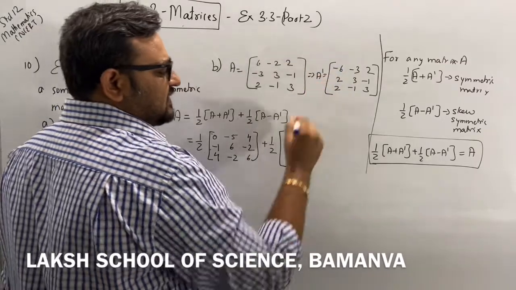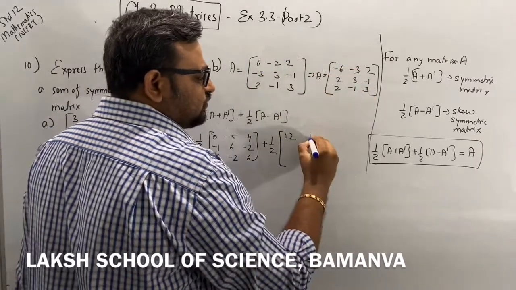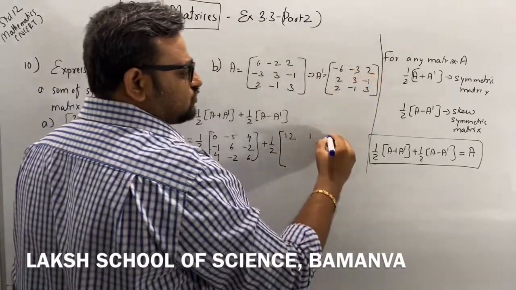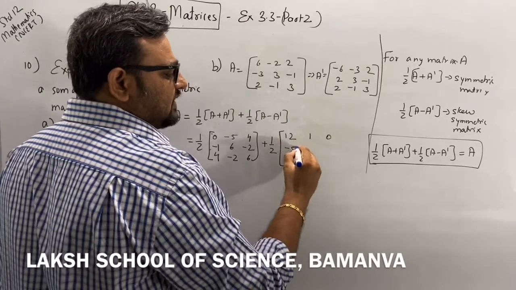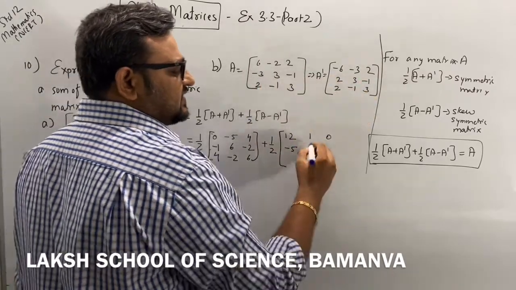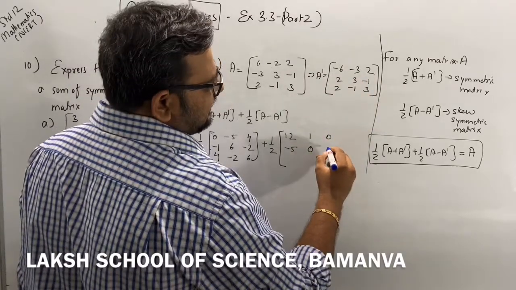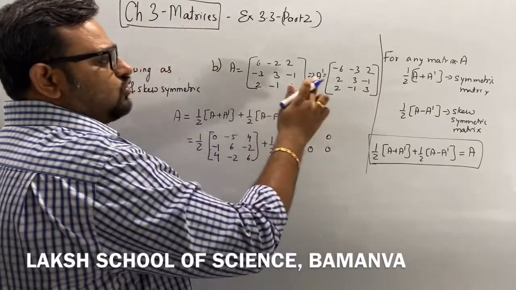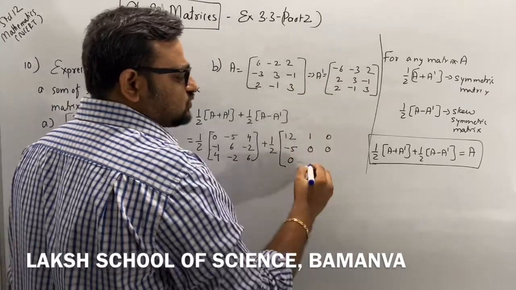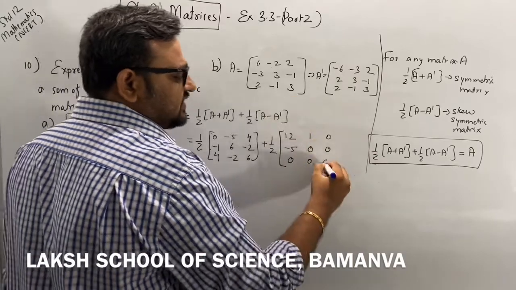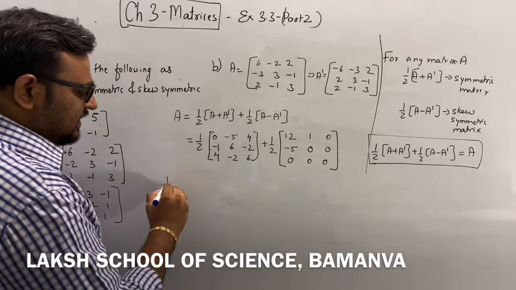Now 6 minus minus 6 means plus. Minus 2 minus minus 3 means plus 1. 2 minus 2, 0. Minus 3 minus 2, minus 5. 3 minus 3, 0. Minus 1 minus minus 1 means it will be 0. 3 minus 3, 0.